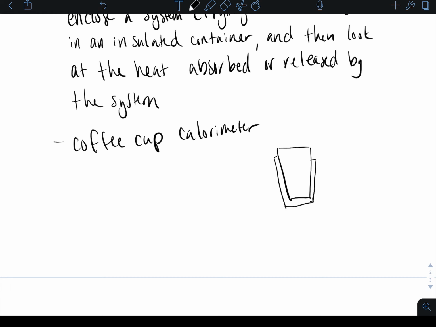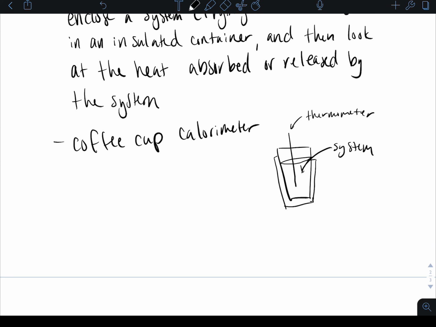And then inside we have a thermometer, and right here is our system.